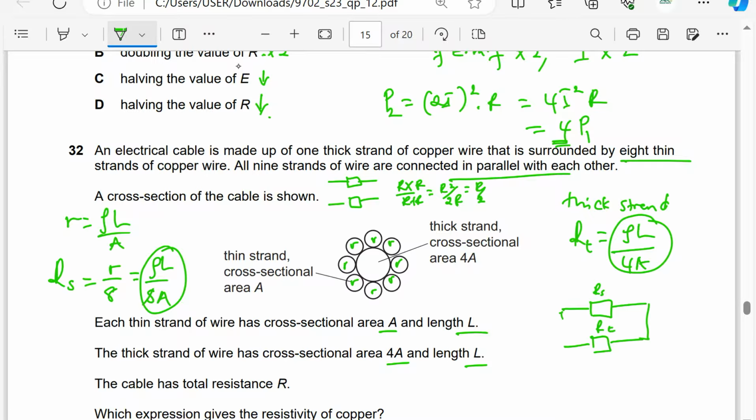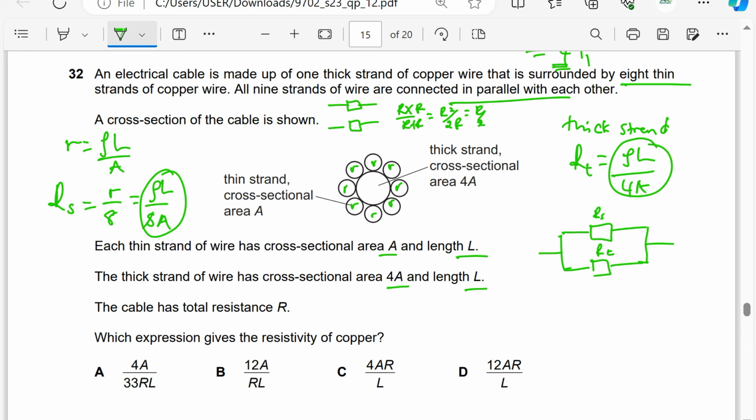They're in parallel, and the resultant is R. So we just say product over sum. So total resistance R is equal to the product over the sum. Product is rho L over 4A times rho L over 8A divided by the sum, which is rho L over 4A plus rho L over 8A.